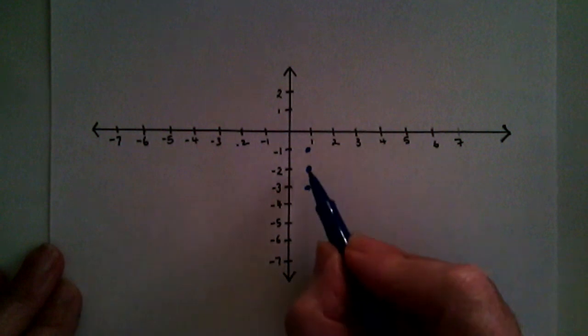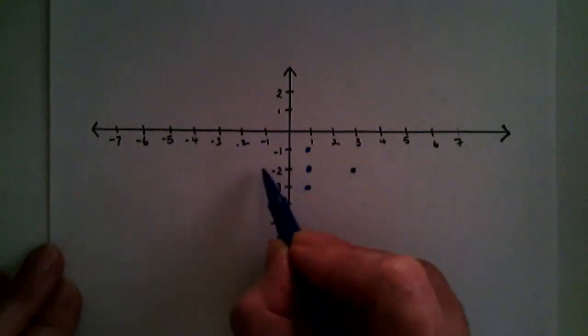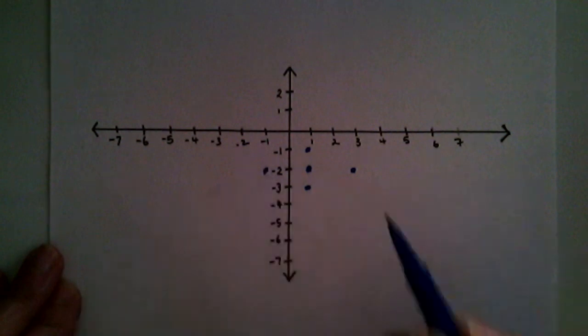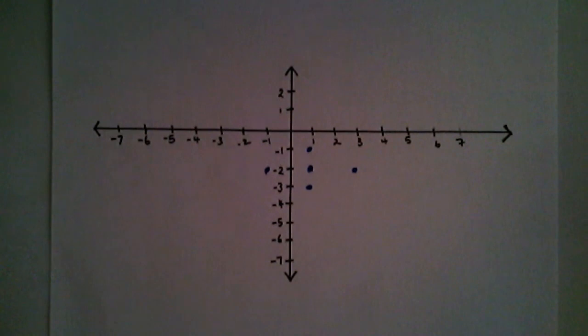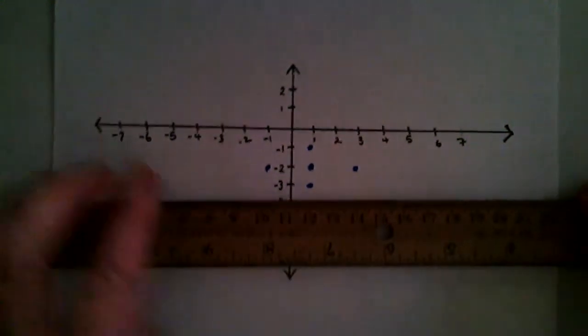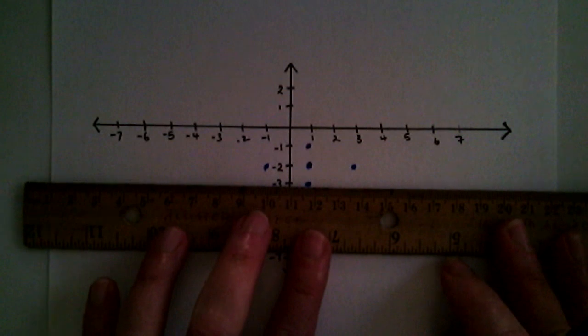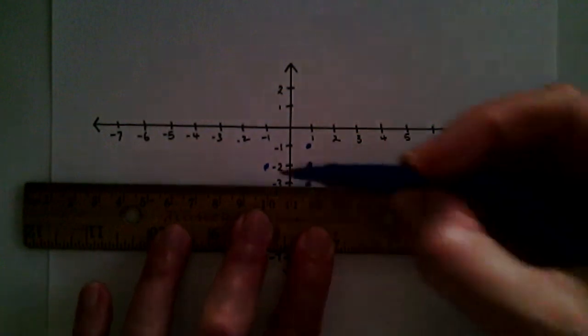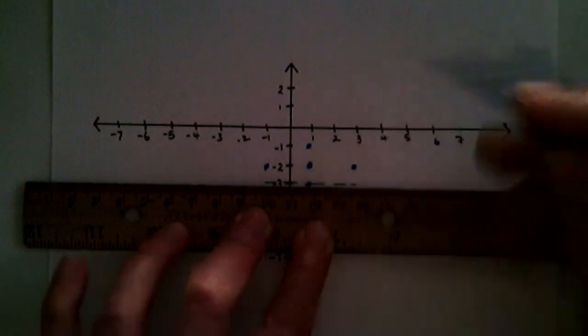Square root of 4 is 2. So 1, 2, 1, 2. And you can see that we're going to draw our little box around here. And that's going to help us with our asymptotes.